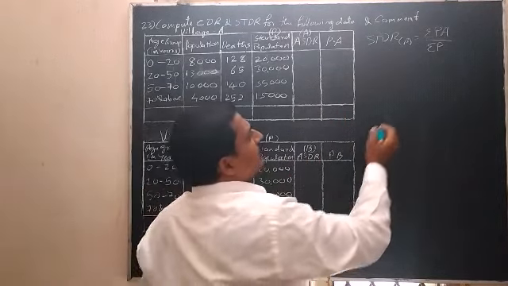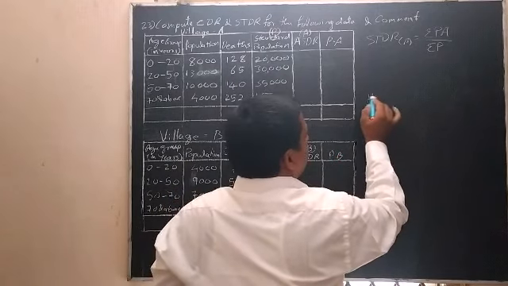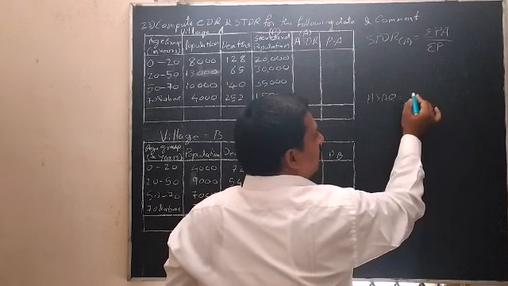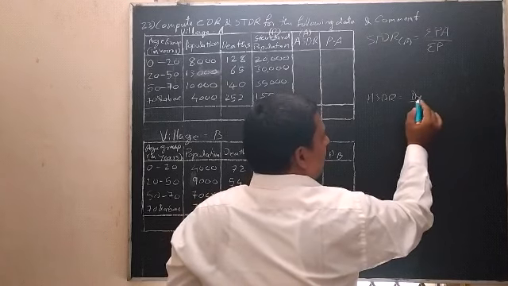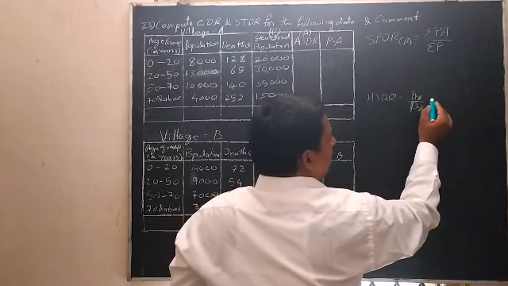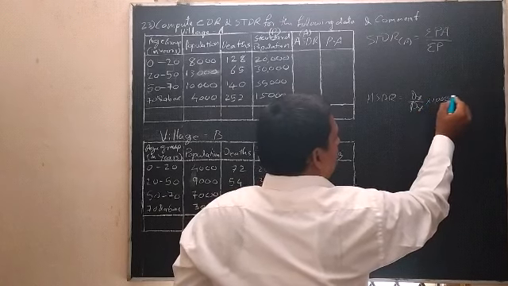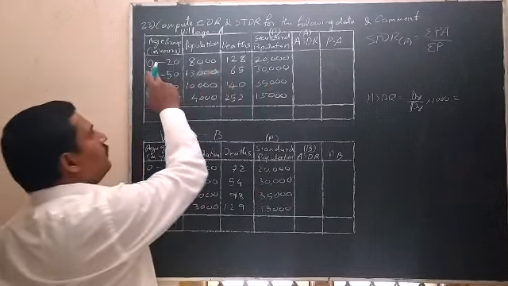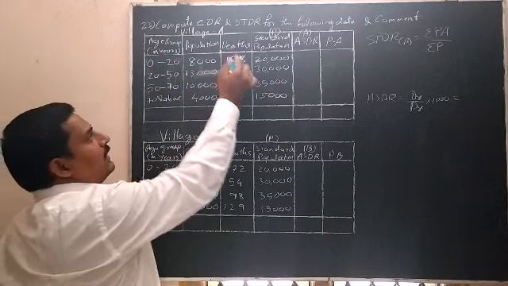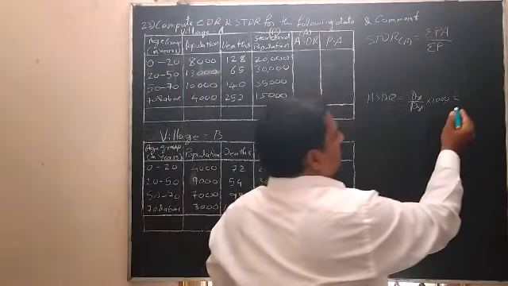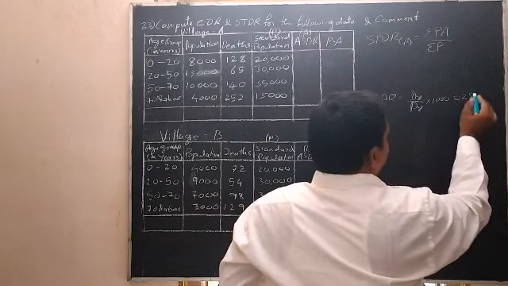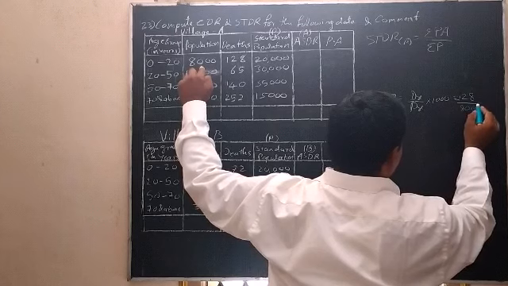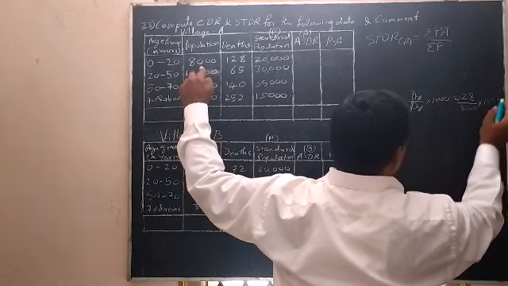To calculate this we need to first calculate ASDR. ASDR is equal to deaths in a particular age group divided by population in that age group into 1000. For the first age group, 0 to 20, 128 are deaths, so 128 divided by the population 8000 into 1000.